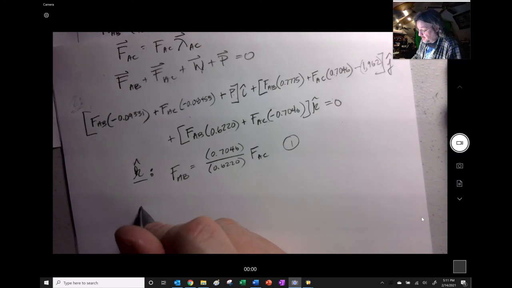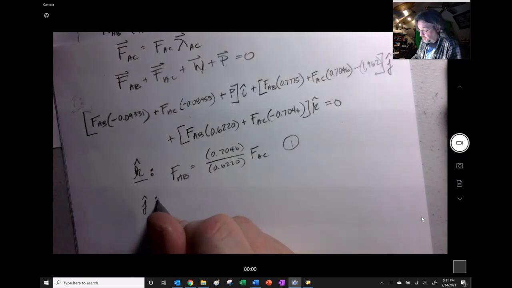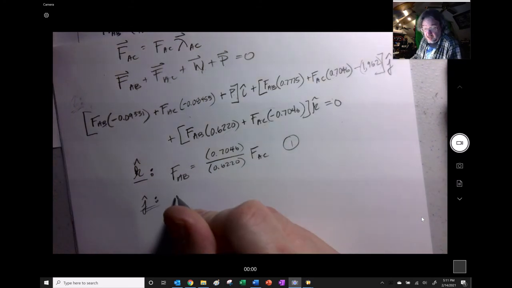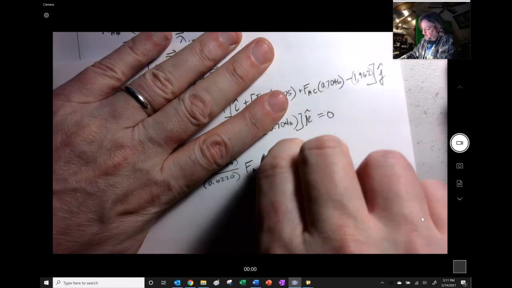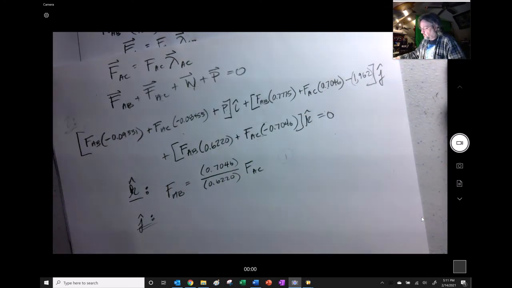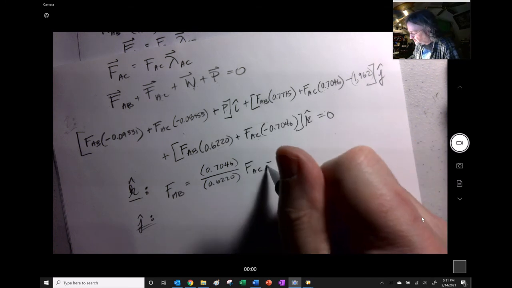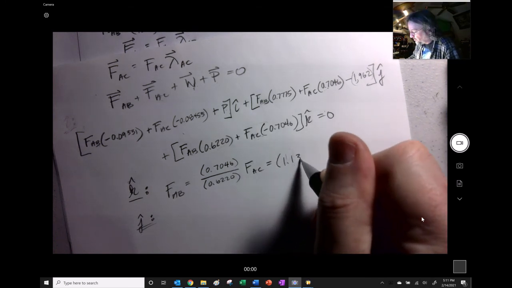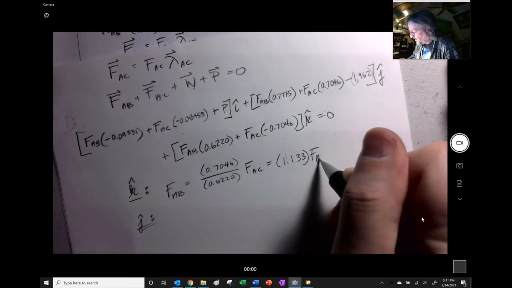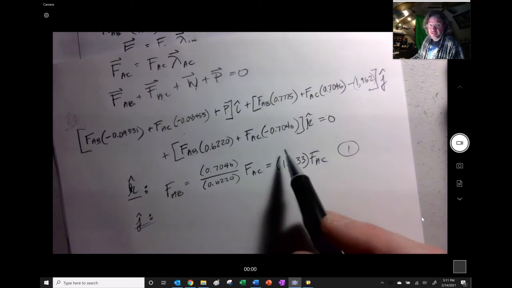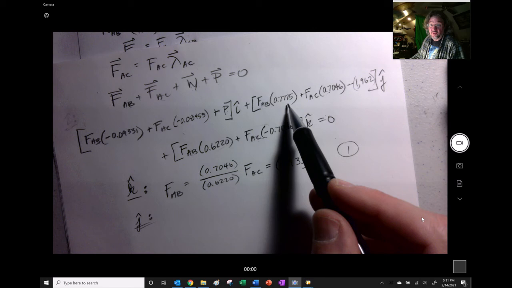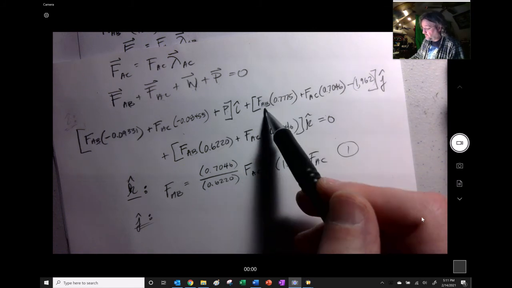And then in the J direction, I can go ahead and write 1.133 FAC, right? And that was equation 1. I'm going to plug this back in for FAB right in there.